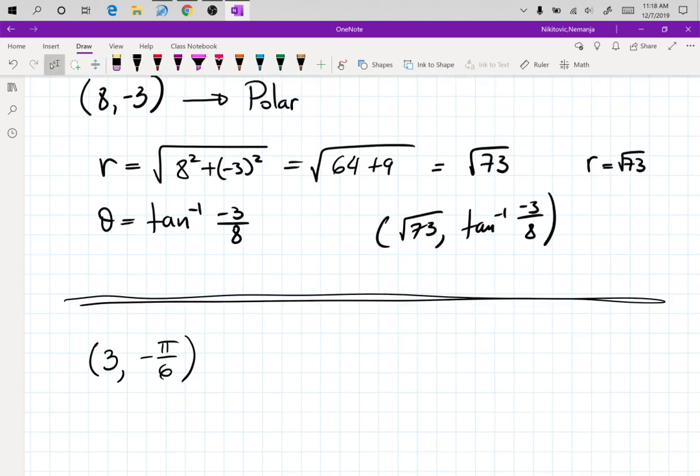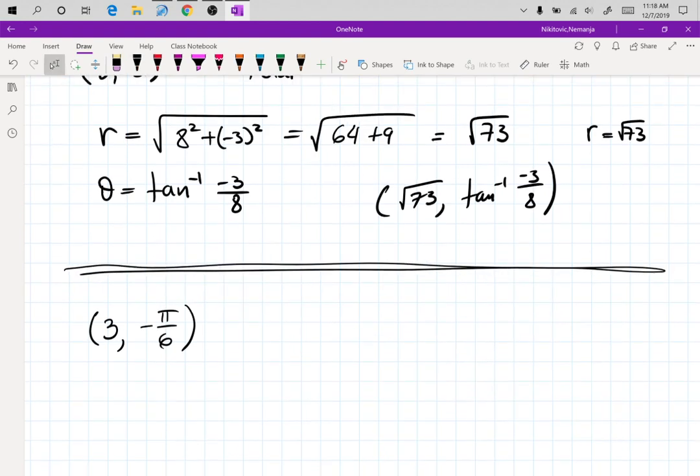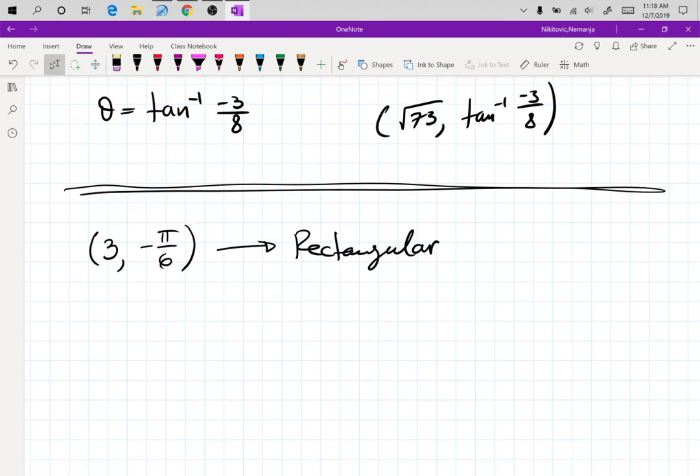Well, that's nice and simple to deal with in polar coordinates. You just draw 3 units on the x-axis and then just go down 30 degrees, pi over 6. So it's very simple for us to understand where the point is and how to get to it. But now you want to convert that to rectangular, because you have nothing better to do.